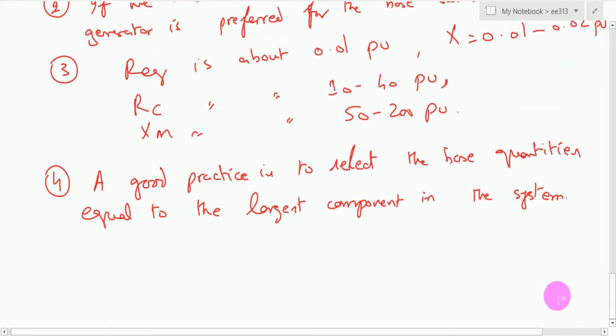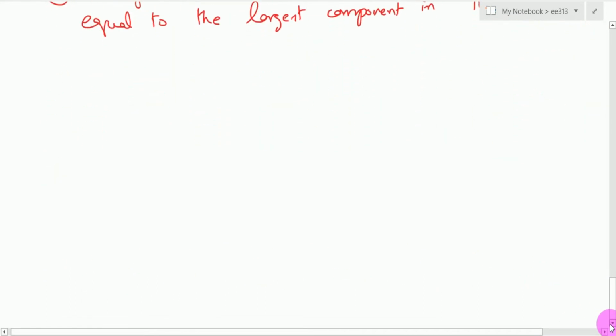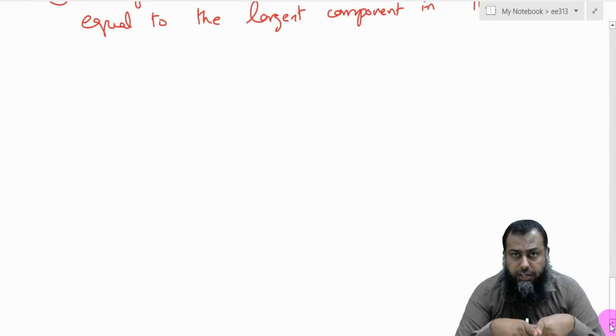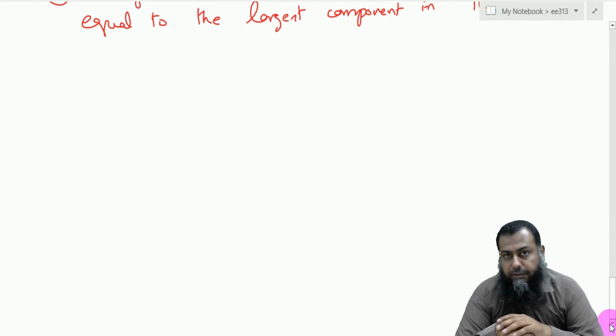Let's move ahead and try to see how we can quantify the performance of a given transformer. The performance of a transformer can be seen in the context of two values, which are known as the voltage regulation and the transformer efficiency.